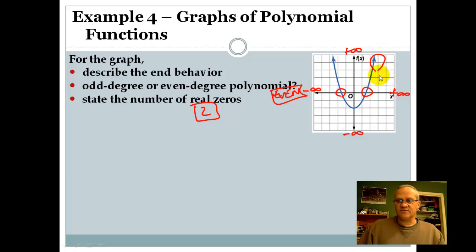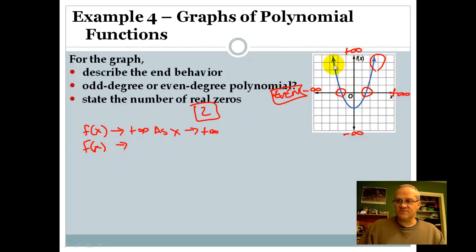Here's the first arrow. So here I would say f of x is approaching what? F of x is going to a positive infinity as x is approaching or going to what? It's going to a positive infinity. So that tells me about this end behavior. And then on the other one, I have f of x approaching what?